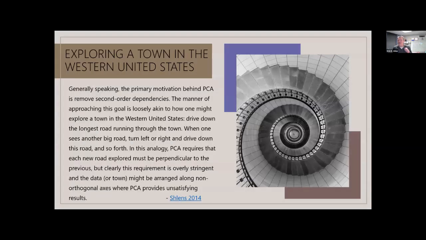Now, this might not work very well for tonight. You guys are from Indonesia largely, and it turns out this is an example in the Western United States. As you can see in 2014, this author likened PCA to exploring a town in the Western United States. The only thing you need to know about the Western United States is it is a vast area where it's largely wide open and the towns tend to be pretty spread out.